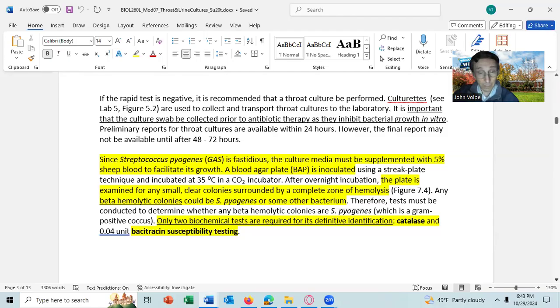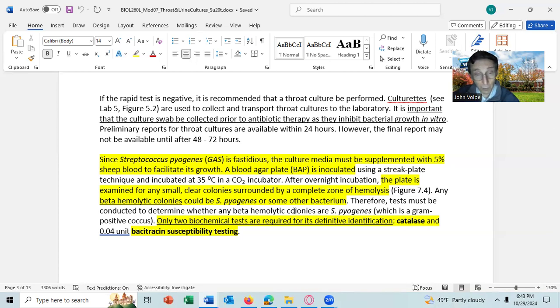You take a look at the blood agar after you've incubated it, and you look for small white colonies with a clear zone of beta hemolysis or complete hemolysis around the colony. That will be likely to be Streptococcus pyogenes, but it could be another bacteria, especially another Streptococcus species.